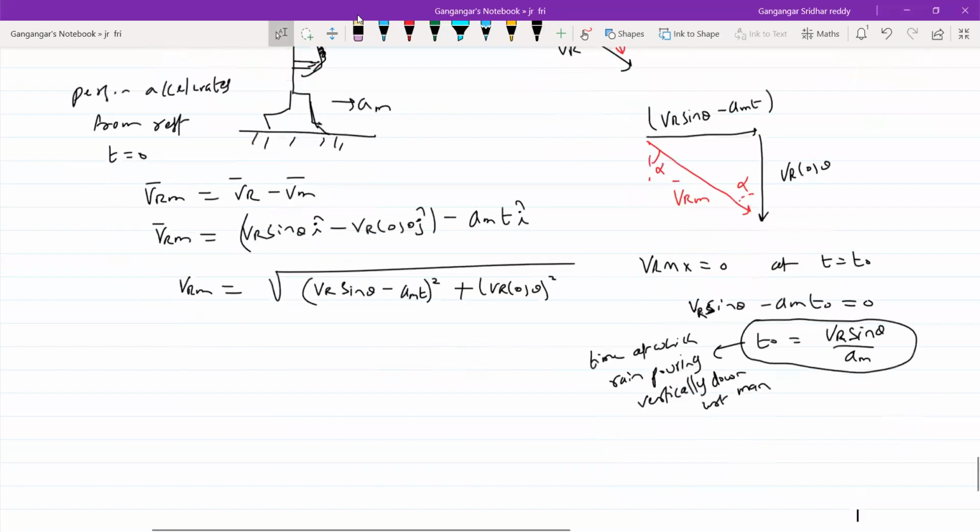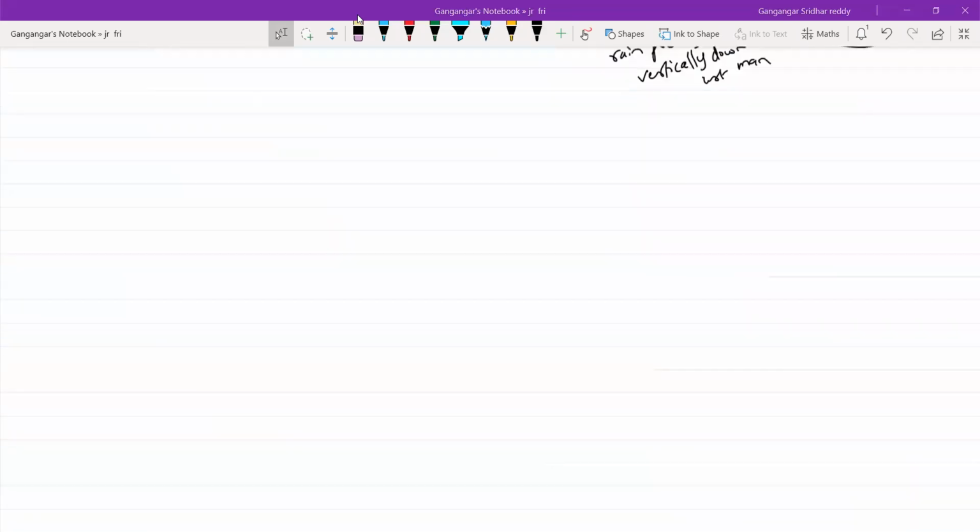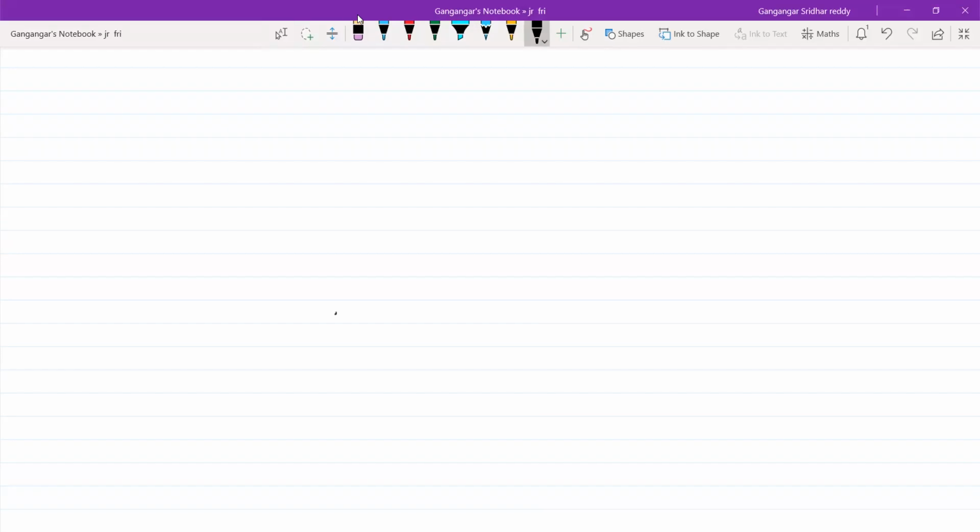Take an inclined plane, something will be climbing. Let this be an inclined plane, and let phi be the angle of inclination.